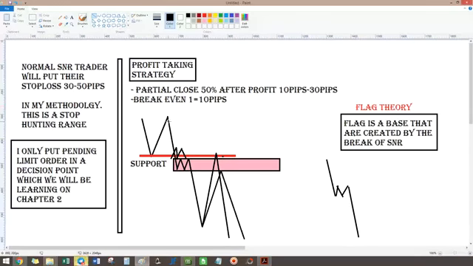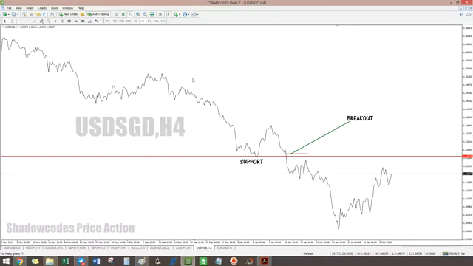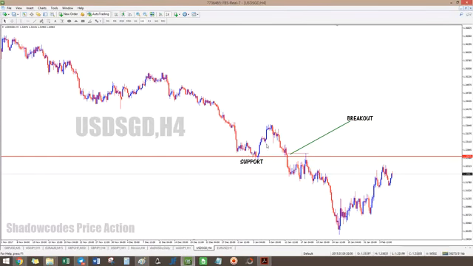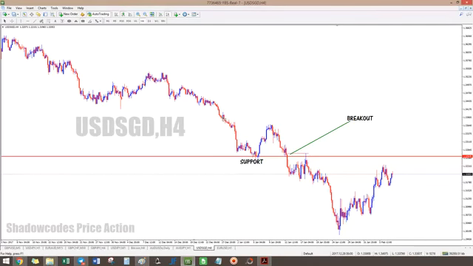You need to break an important level to become a flat. For example, over here this happened, it did not break anything, but it's a drop, base, drop. So this is not a flat, this is just a DBD. But this one is breaking the support, so over here we have a flat zone.